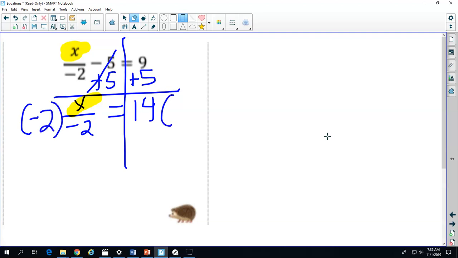Okay, so it has to be a negative 2. If the number you're dividing by is negative, you undo it by multiplying by negative. This is going to cancel out because negative 2 divided by negative 2 is 1. So now I get x is equal to negative 28.